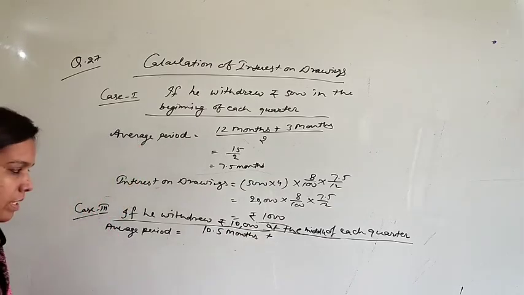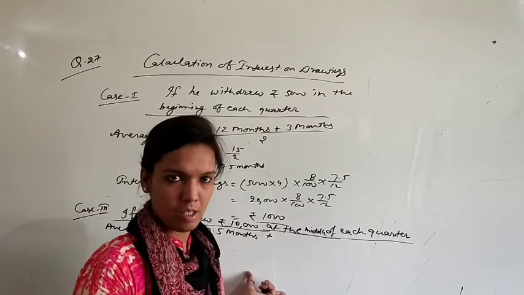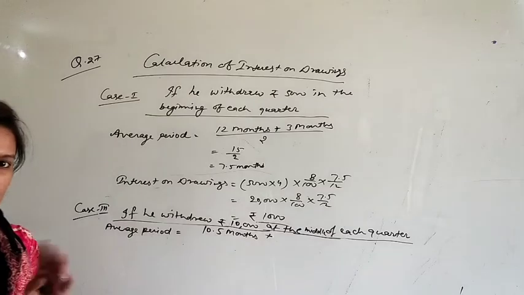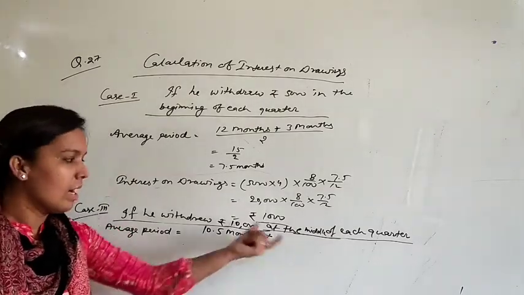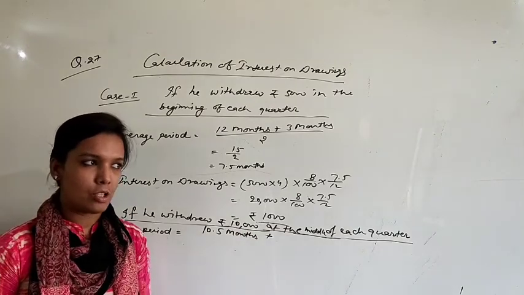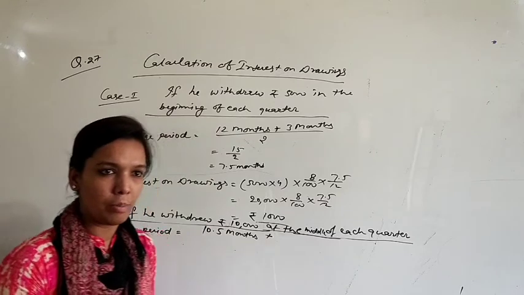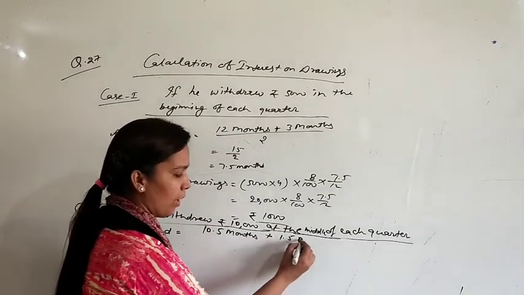Okay. How is it calculated? 10.5 months, like 1 quarter is for 3 months. You are withdrawing in the middle of quarter, it means 1.5 months. So 9 months plus 1.5, that is 10.5 months after first drawing. After last drawing, the last quarter is also for 3 months. It means you are withdrawing money after half quarter, that is 1.5 months.